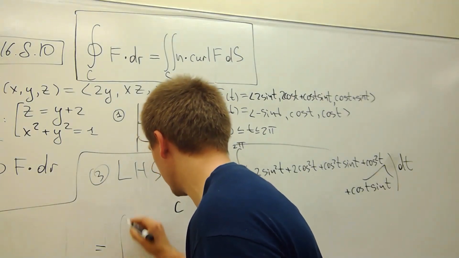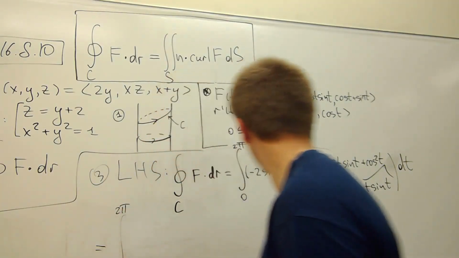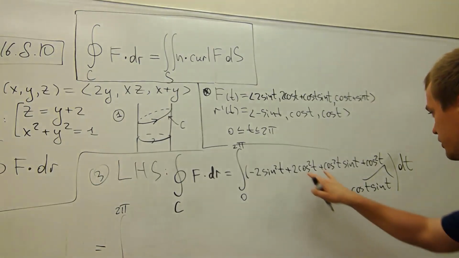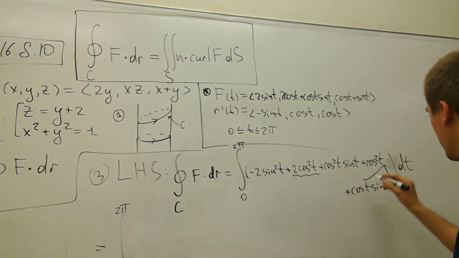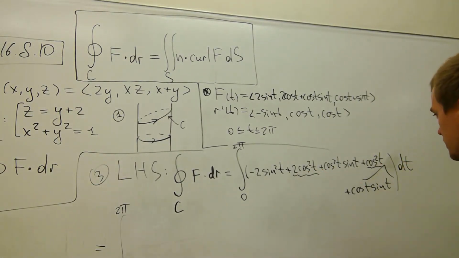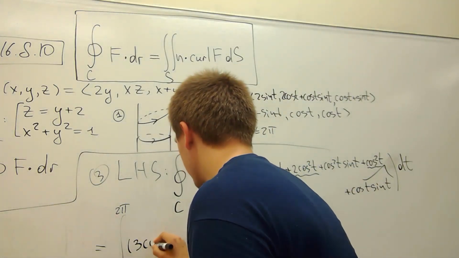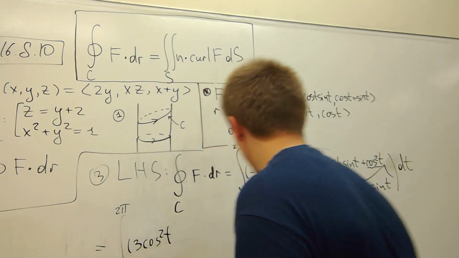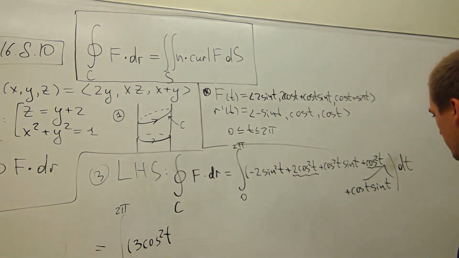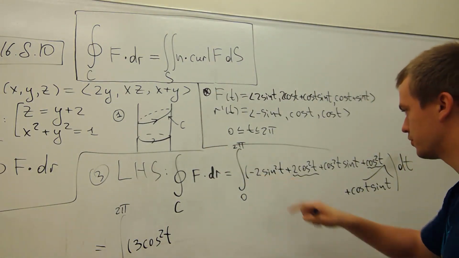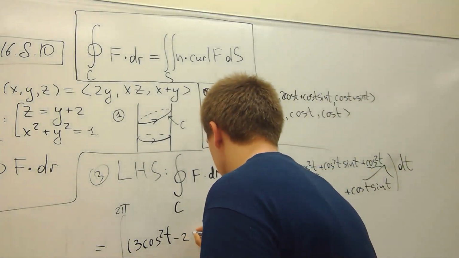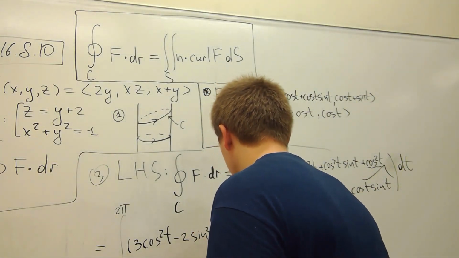I will have the integral from 0 to 2 pi. We have 2 cosine square, and we have cosine square t. So what am I going to get? I'm going to get 3 cosine square t. Then I have minus 2 sine square t.